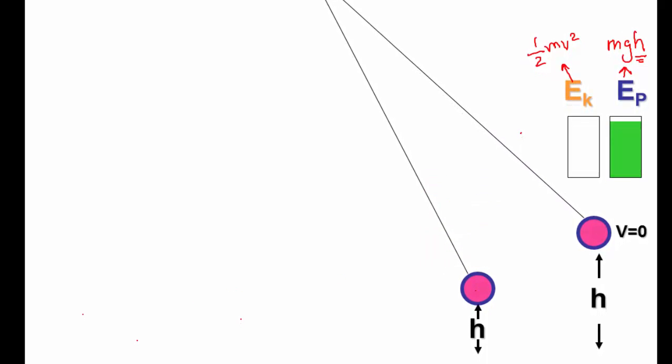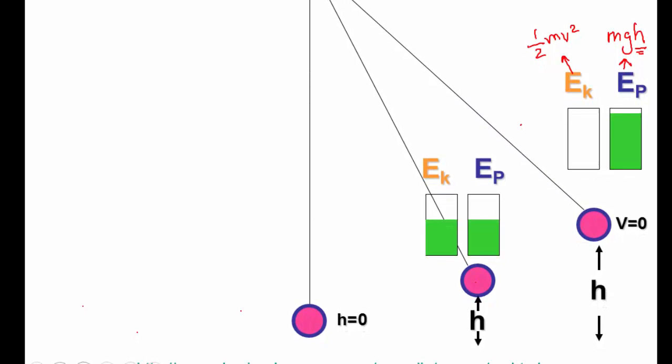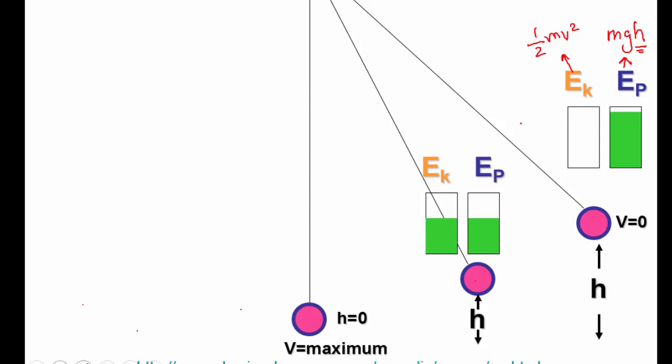Now as soon as you release it, the height will start decreasing, meaning the potential energy will start decreasing, while the speed of the pendulum will start increasing, meaning the kinetic energy will be increasing. It will start gaining speed, and hence part of the potential energy will convert to kinetic energy. It will continue gaining speed and losing height. At the bottom of the swing, it will be all kinetic energy because the height is zero while the speed is maximum.